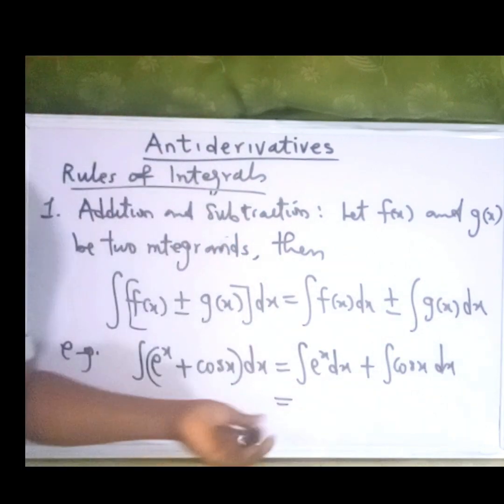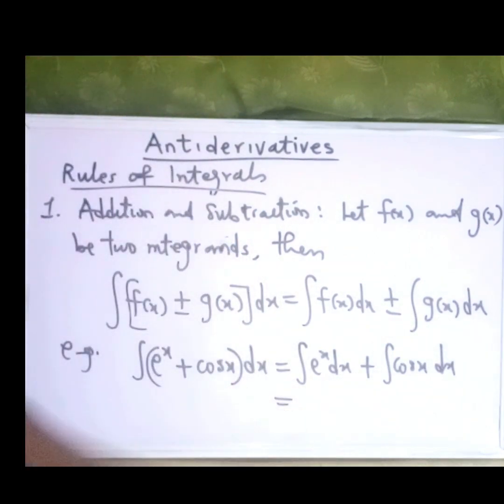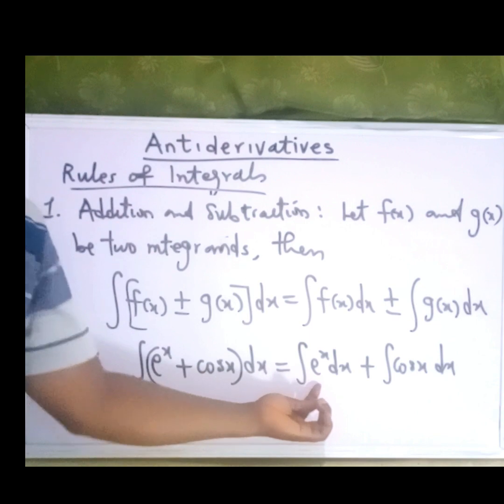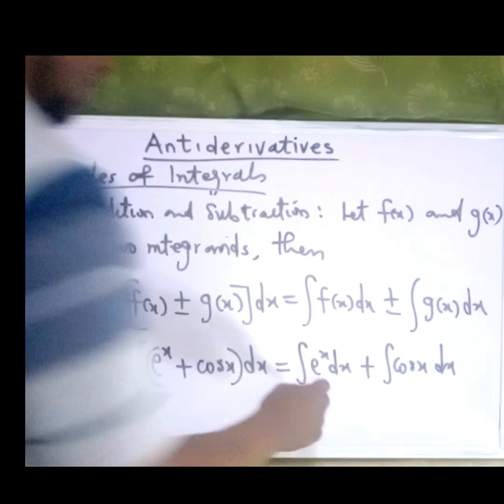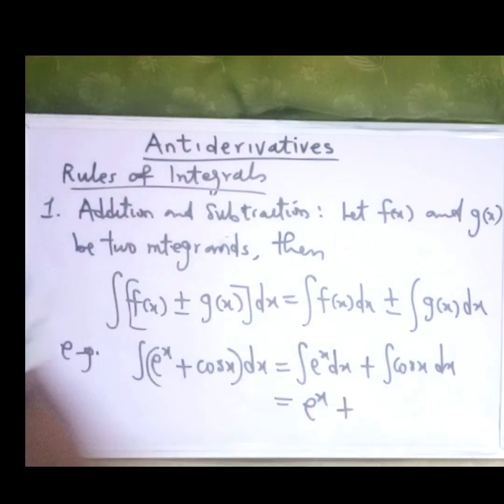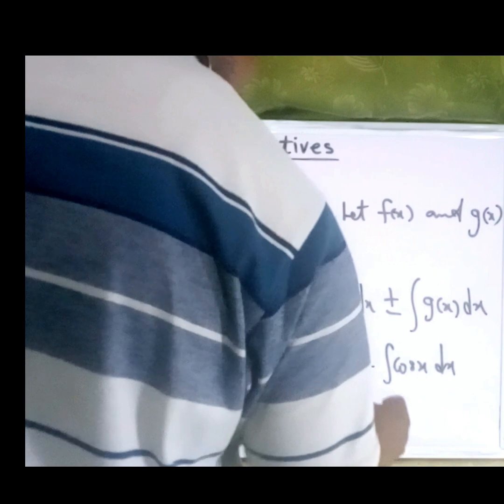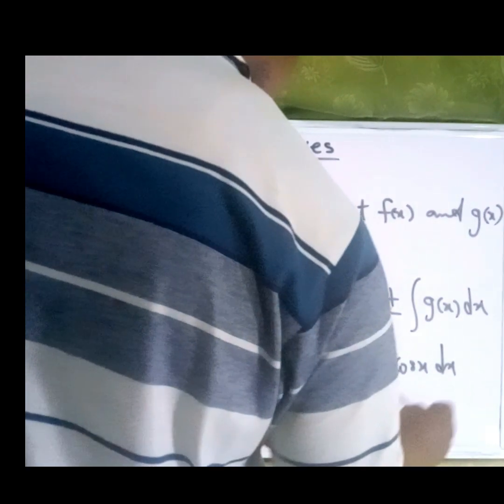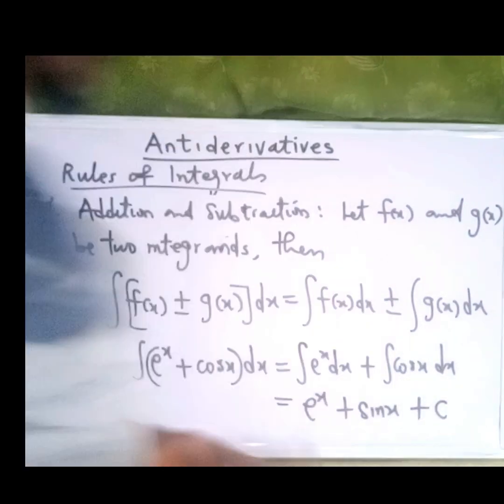From the standard table, the antiderivative of exponential x is exponential x, and the antiderivative of cos x is sin x. Then we now put plus c.